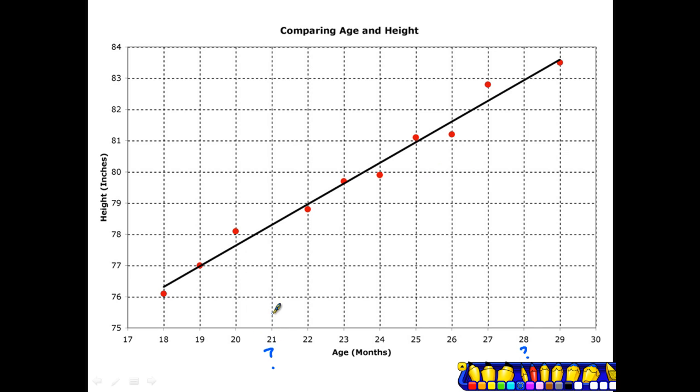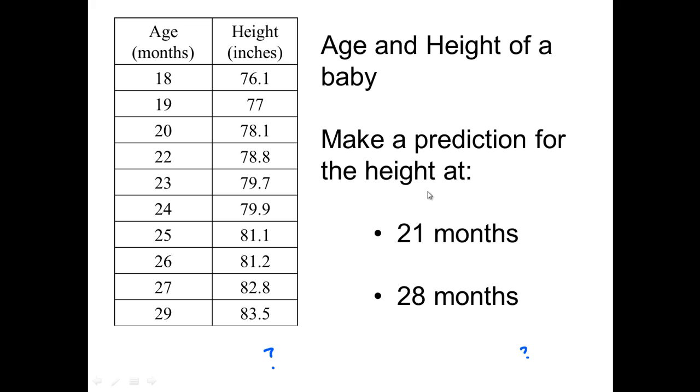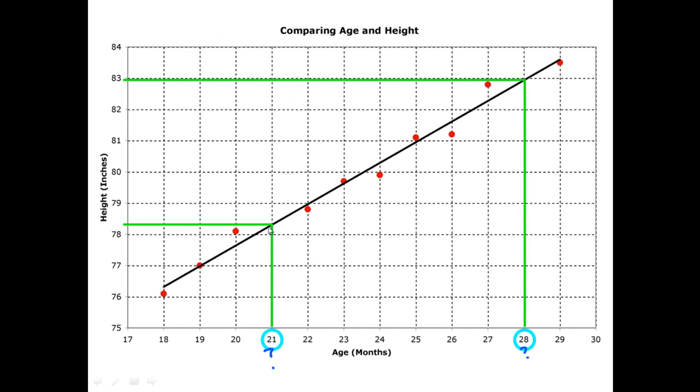So at age 21, the predicted height will be somewhere here. At age 28, the height will be somewhere around 83. So this is how we solve this problem using paper and pencil.